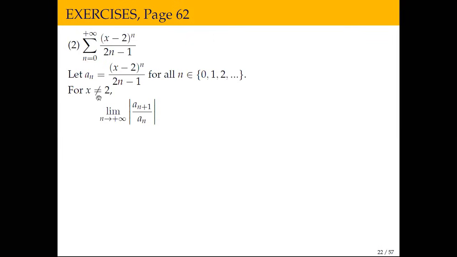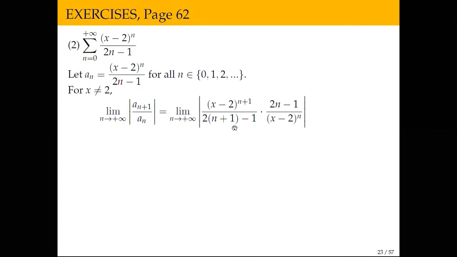For all x that is different from the center, we take the limit of the absolute value of a sub n plus 1 over a sub n as n goes to positive infinity. As you replace values for a sub n plus 1 and a sub n, you get the following. So this is your a sub n plus 1, and this is the reciprocal of a sub n. x minus 2 raised to n will cancel out from the numerator and the denominator.